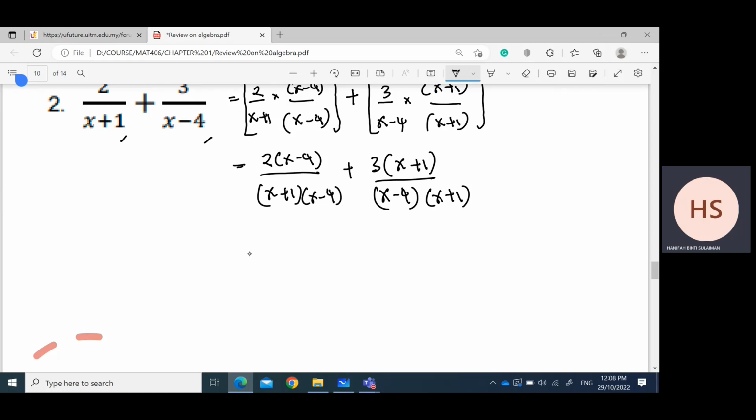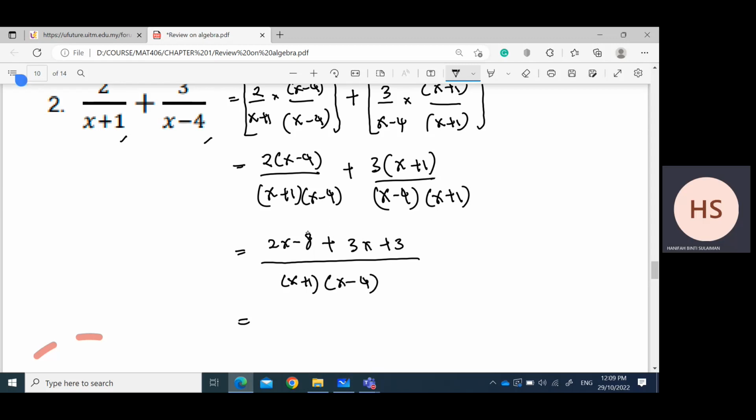So yang atas ni kita boleh permudahkan dan kita akan dapat 2x, 2 times negative 4, we have negative 8. And then plus with 3 times x, we have 3x. Plus with 3 times 1, we have 3, divided with x plus 1 times x minus 4.